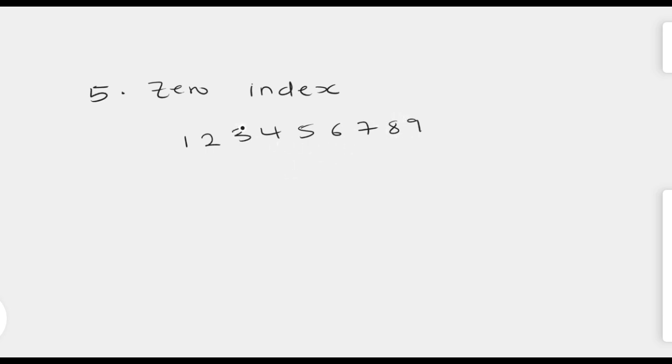So if you raise any of these to the power of 0, 1 to the power of 0, 2 to the power of 0, 3 to the power of 0, and so on, any one at all, they will all be equal to 1, except 0 raised to the power 0, which is undefined.